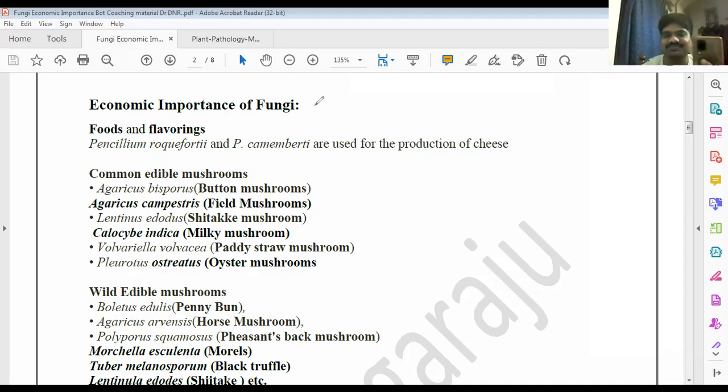What is that? Fermentation technique. That fermentation is caused by this yeast. Because of the yeast fermentation, we are able to prepare idli, dosa, vada, jalebi.